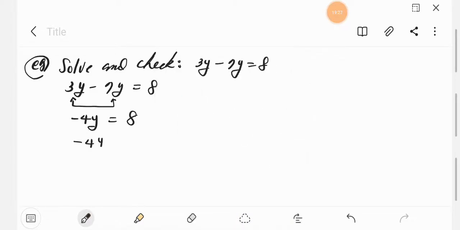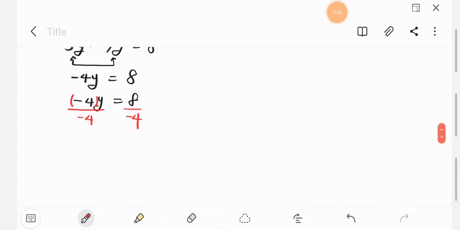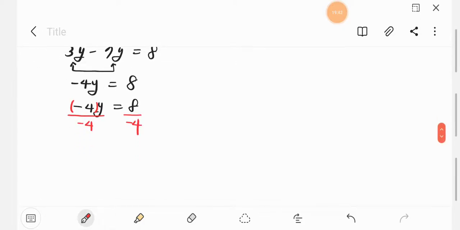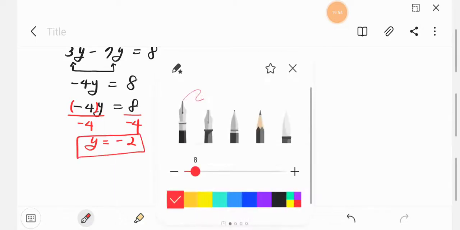So this is a product, y is multiplied by negative 4. So why don't we just divide each side by negative 4? Negative 4 cancels out. So it becomes y is equal to, negative goes outside, and 8 over 4 is 2. So negative 2 is the solution.